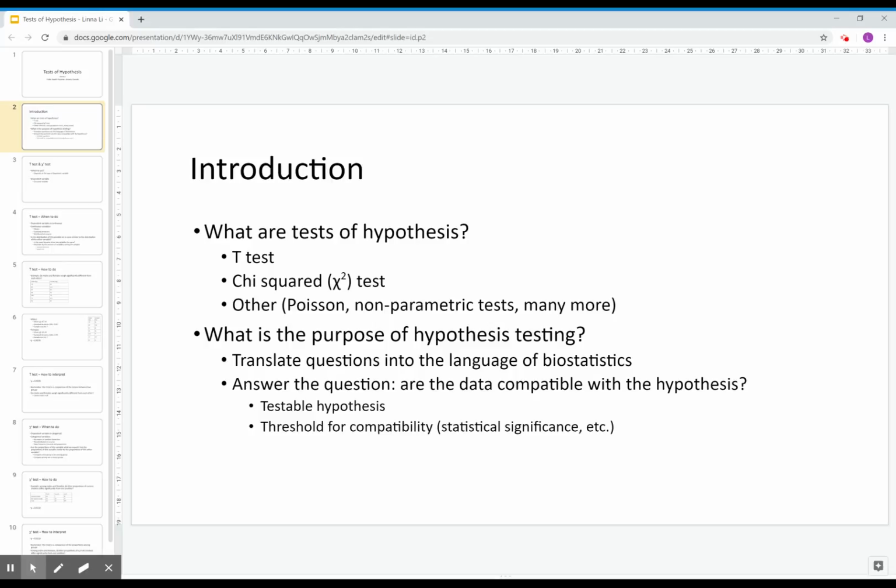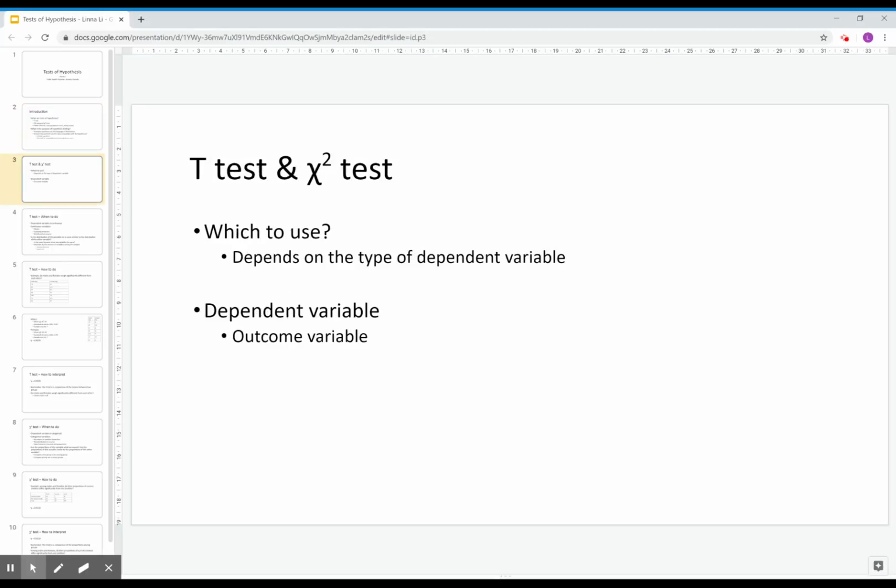In order to answer this question, we must have a testable hypothesis, that is, a hypothesis that we can translate to fit our biostatistical language, and a predetermined threshold for considering data to be compatible or non-compatible with our hypothesis. In the language of statistics, this is phrased statistical significance.